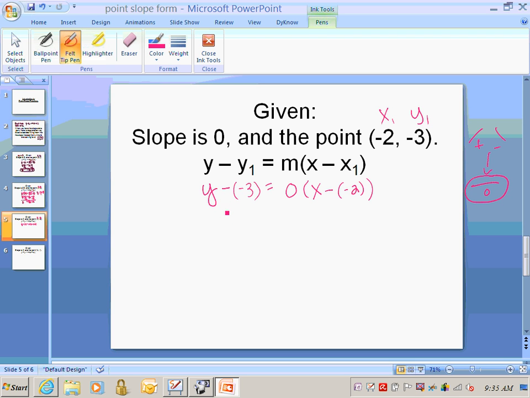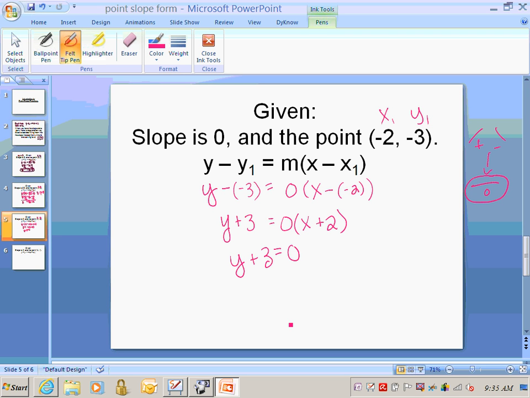Y minus negative 3 is? Y plus 3. Good. Equals 0 times x plus 2. Now, 0 times anything is what? 0. Does it matter how many things are in there? What is the right side going to be? 0. So I have y plus 3 equals 0.